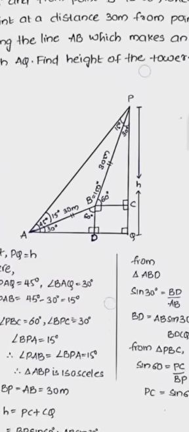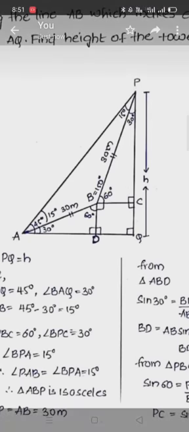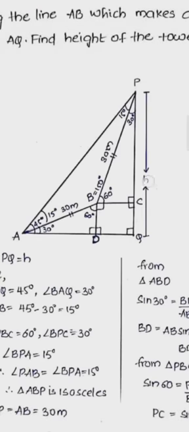So let us discuss the problem with this diagram. PQ bar is the tower we have, and its length is h. Now we have to find this h.